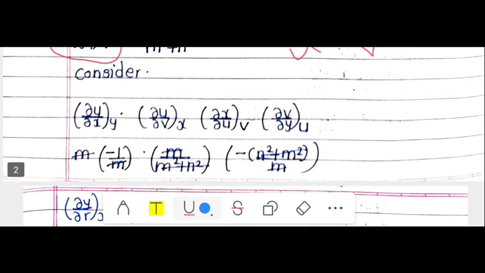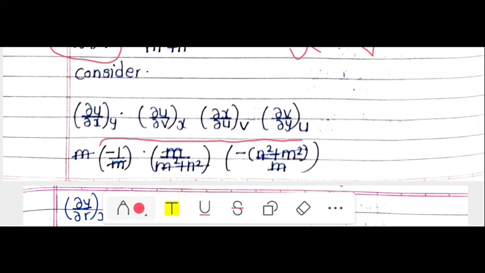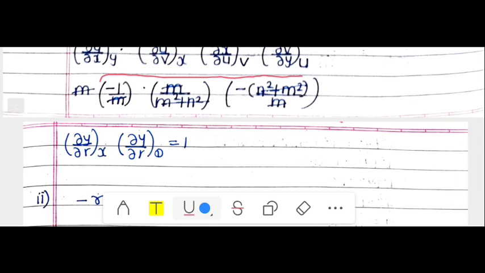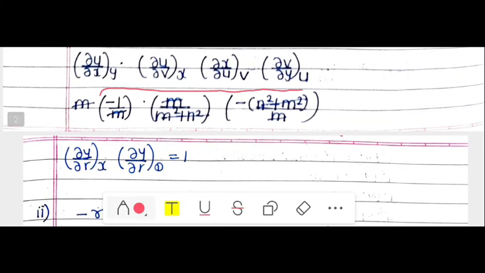Now to find the multiplication, that is the product of these four partial derivatives, we consider the product of the four partial derivatives first, and we substitute all these partial derivatives here. By cancelling the terms we get the value of the product of these four partial derivatives, which is equal to 1. So in this way we find the value of these partial derivatives.